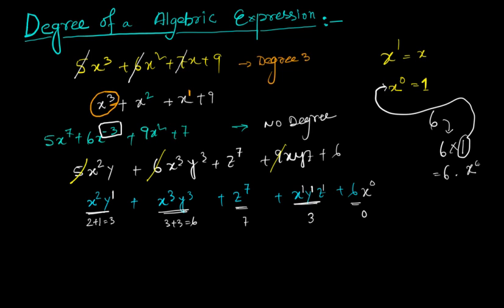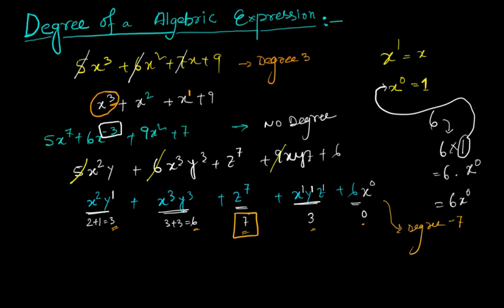Now I have to check which is the highest: 6, 7, 3, 0. Obviously 7. So this algebraic expression has the degree 7.